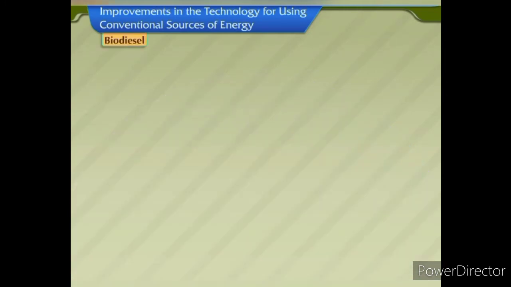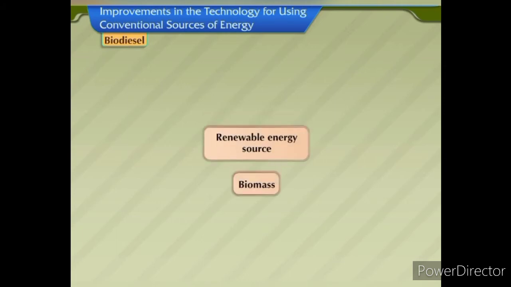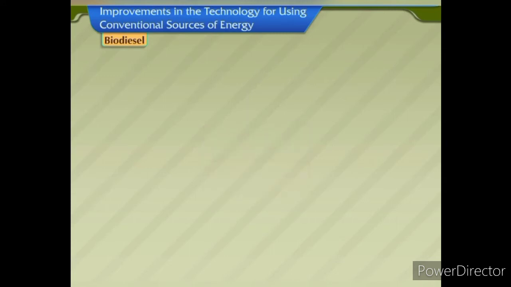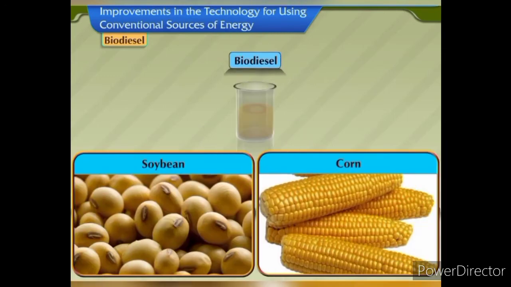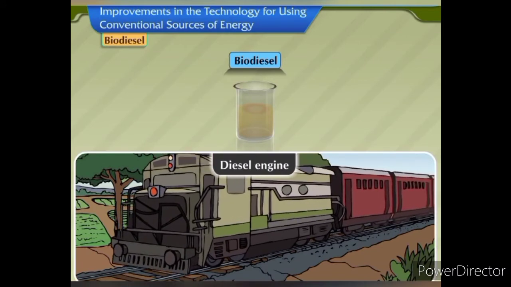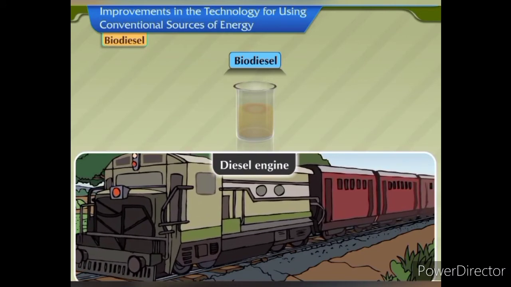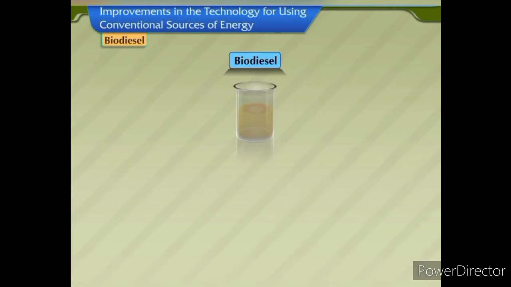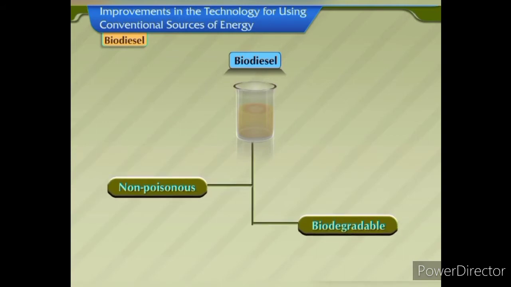Biodiesel. Biodiesel is also a renewable energy source obtained from biomass. It is extracted from seeds of soybean and corn. It is used as a substitute fuel in the place of diesel in diesel engines. It is non-poisonous and it is biodegradable.